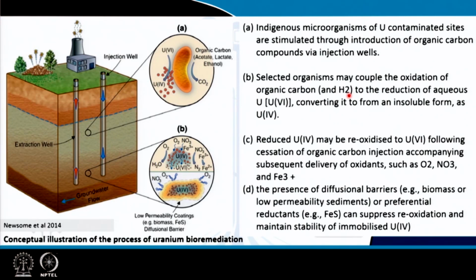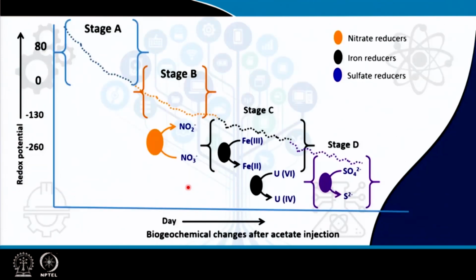In order to look into that aspect, the scientists have two options. One is the presence of a diffusional barrier, like biomass or low permeability sediments, or a preferential reductant like an iron sulphide complex. They found that this iron sulphide complex allows the stability of uranium 4 and maintains the immobilized uranium 4 within the aquifer solid phase.